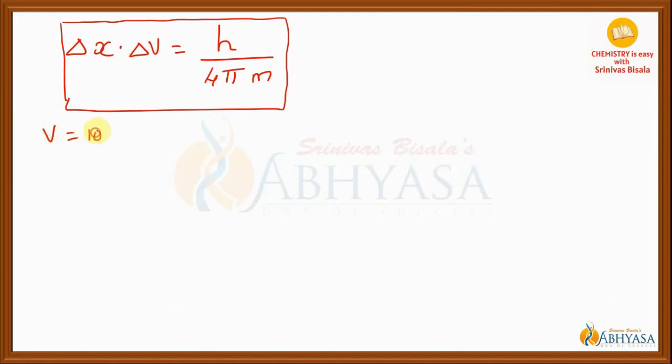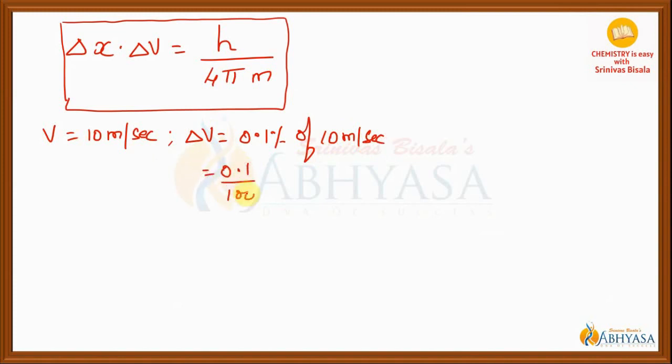Velocity is given as 10 meter per second, and the uncertainty in velocity is 0.1% of this value. So this is 0.1 by 100 into 10, which becomes 10 power minus 2 meter per second, isn't it?